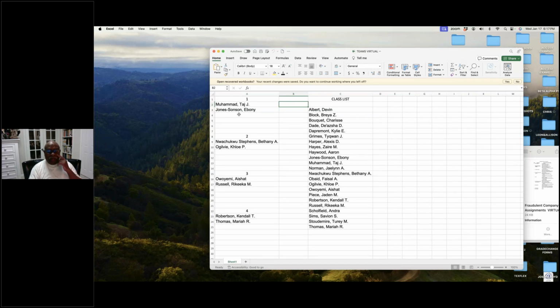So team leaders, what you have to do is select additional people to be on your team to get to five, or they can contact you to be on the team. But by next class period, team one needs five people, team two needs five people, team three needs five people, team four needs five people.